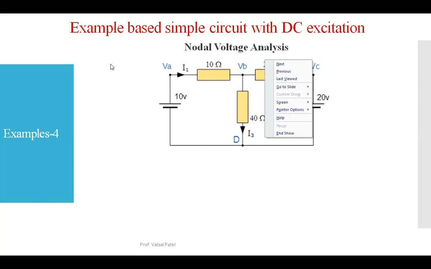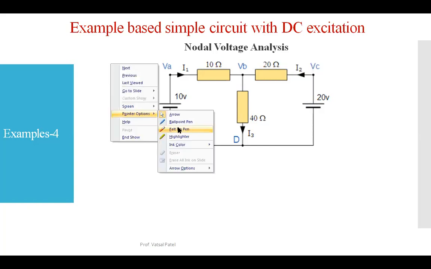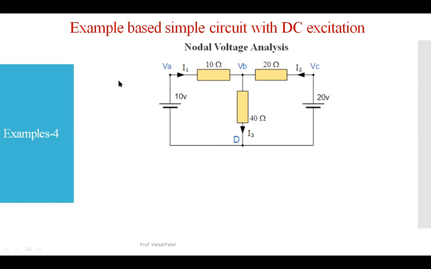So now we apply the nodal voltage analysis method here, and you can see in this diagram how many nodes you have in total. Can you identify how many nodes you have in this circuit? Yes, Mohsin, your answer is correct.